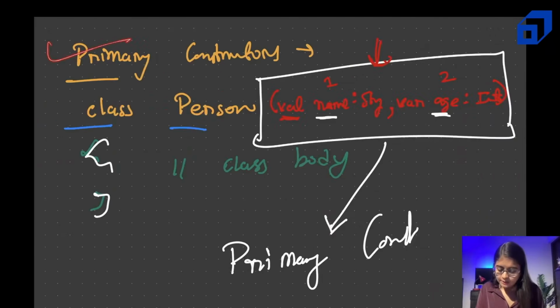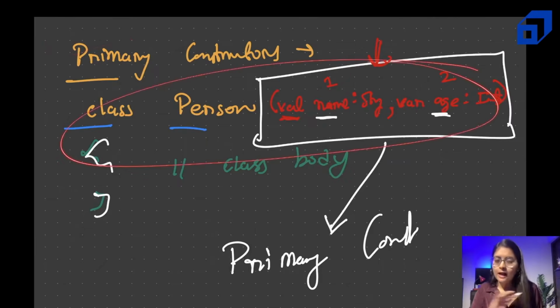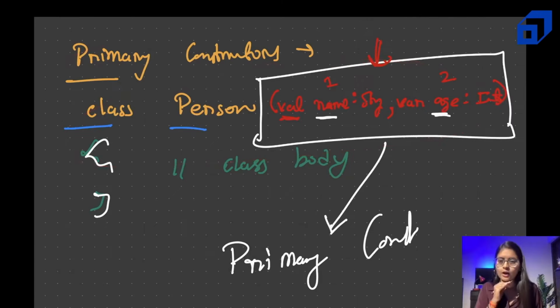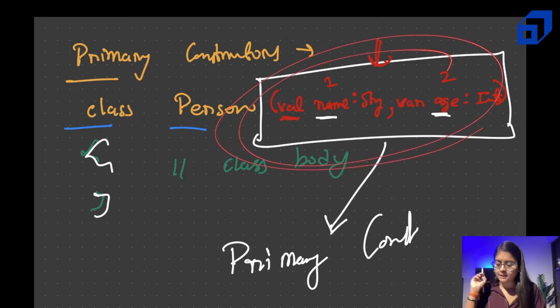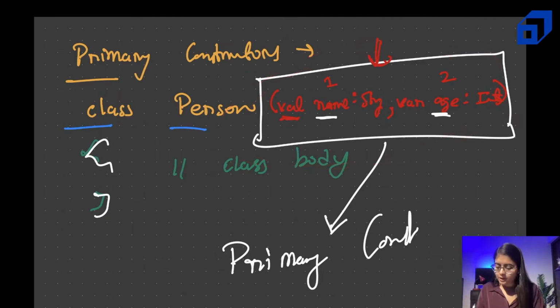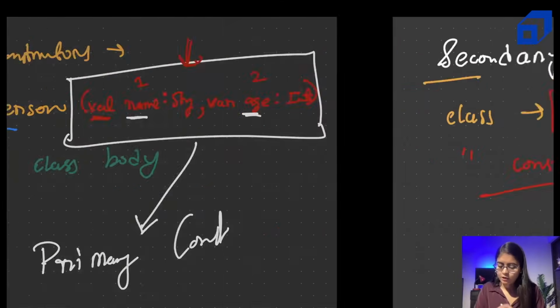Primary constructors, okay, it is part of the class header, no need to overthink or mess up your mind with how it is declared or anything like that. It's very much like functions only, class keyword, name of the class, and after that in the parenthesis you have to pass the parameter, and this part is your primary constructor.